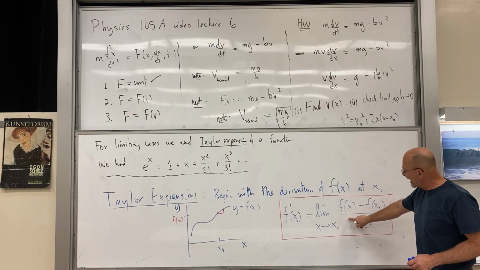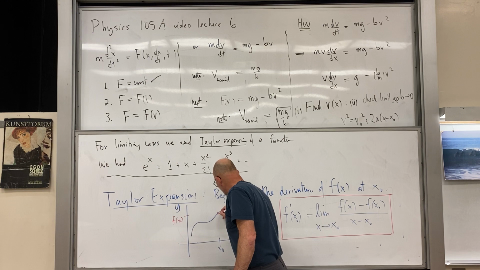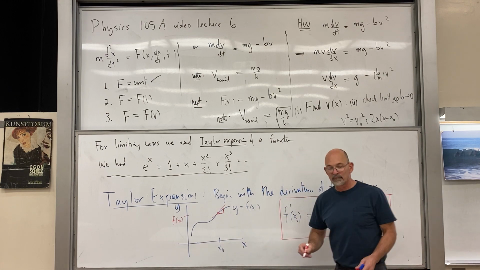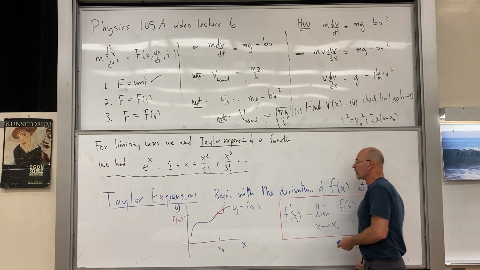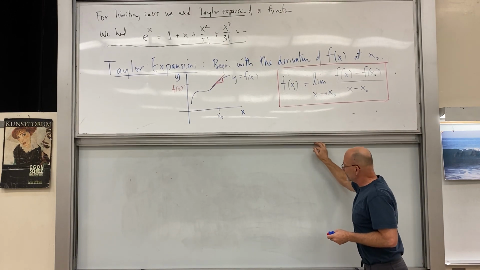And in the limiting case, as x goes to x0, these triangles get ever smaller and they're ever closer to the tangent to the curve at that point. So that's how we learn about the derivative.